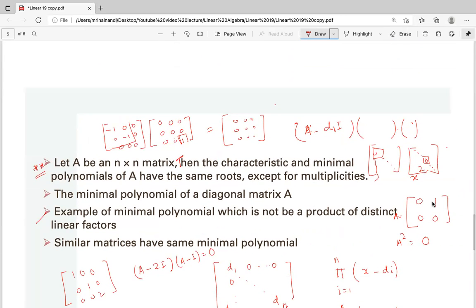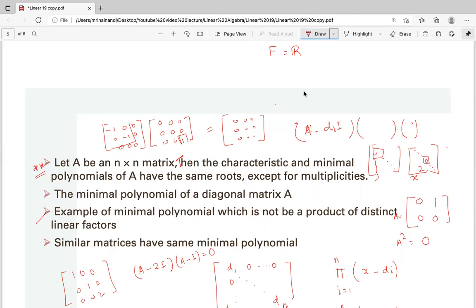One thing in the previous video I missed, for this field thing: what is a characteristic polynomial or characteristic root of a matrix over a field? So we have to fix a field. Say your field is R, and if the characteristic polynomial has no real roots, say x square plus 1 is the characteristic polynomial, then we cannot say that i and minus i are eigenvalues.